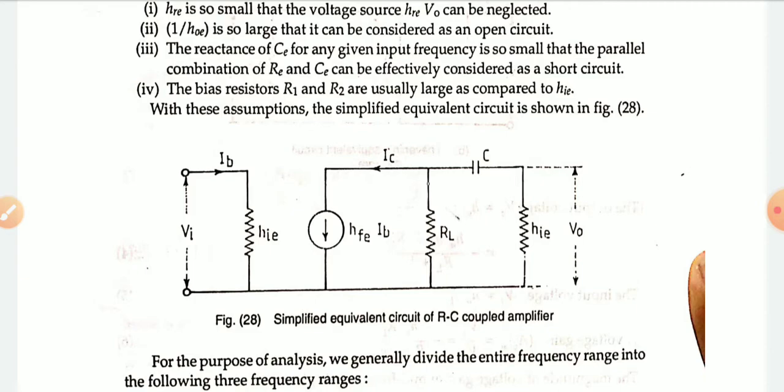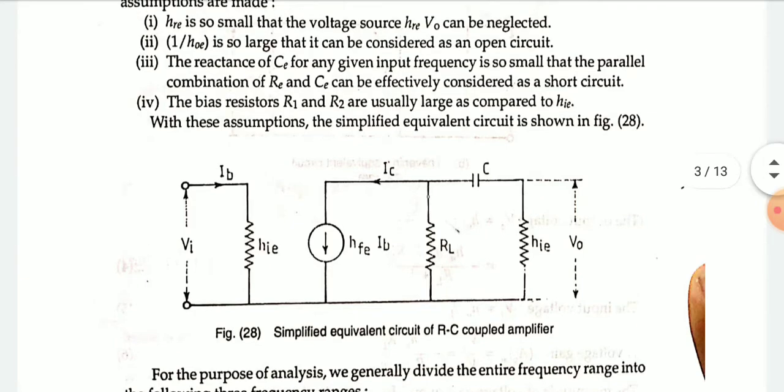That means there is some maximum frequency and some minimum frequency between which the amplification is done properly. So we have to identify this for any kind of RC coupled amplifier, and for this reason, initially we just repeat this one.